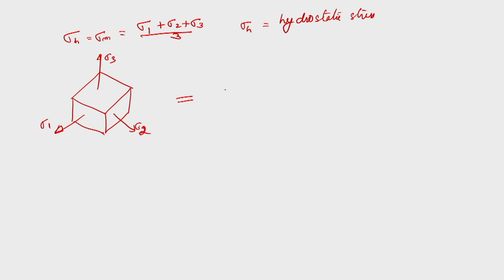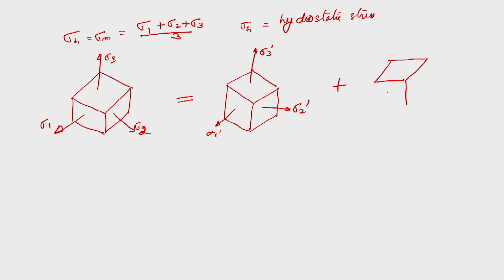So, there will be a deviatoric stress, say for example sigma 1 dash, sigma 2 dash and sigma 3 dash, plus a hydrostatic component, that means equal in all directions, sigma h, sigma h, sigma h.